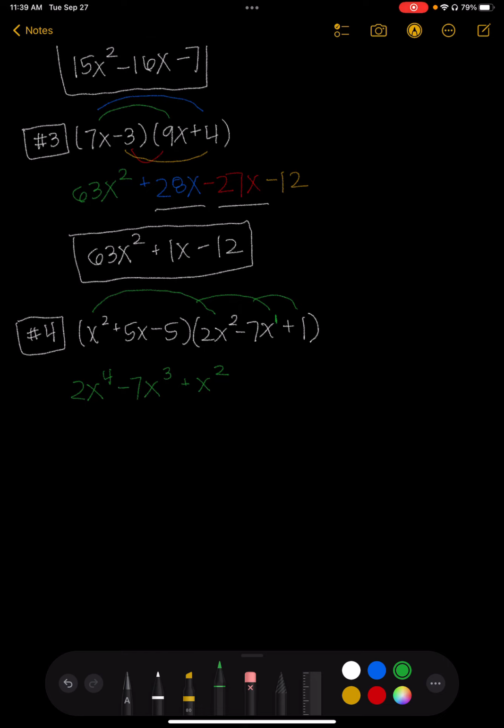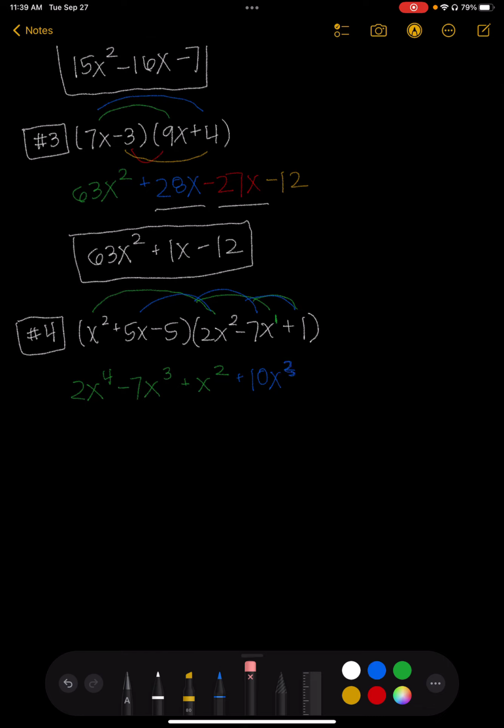Now we're going to do the second chunk, which is 5x. So this 5x will be multiplied by every single chunk inside the second set of parentheses. So 5x times 2x squared should give me a 10x squared. Or I'm sorry, not squared, right? Because we add the exponents, so it'll be 10x cubed.